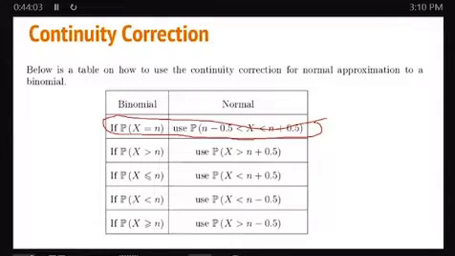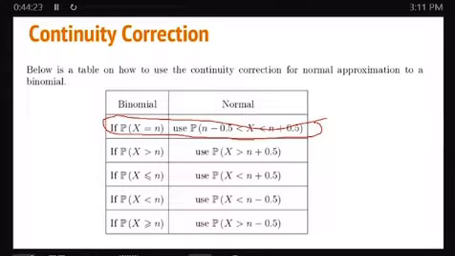Oh, you mean what is the essence of continuity correction, right? That's a very good question. You know, we are using normal to approximate binomial. Any approximation means we are losing information because you are approximating.